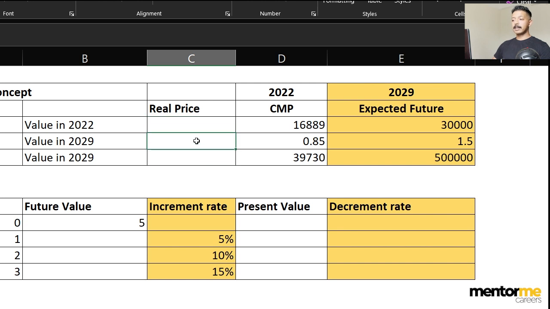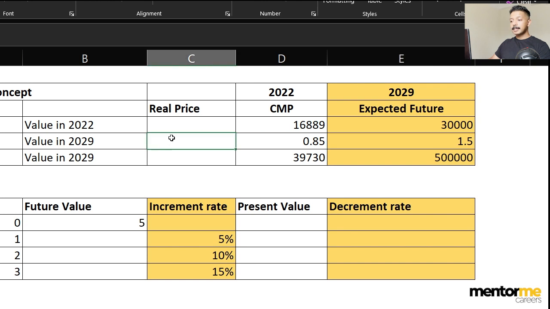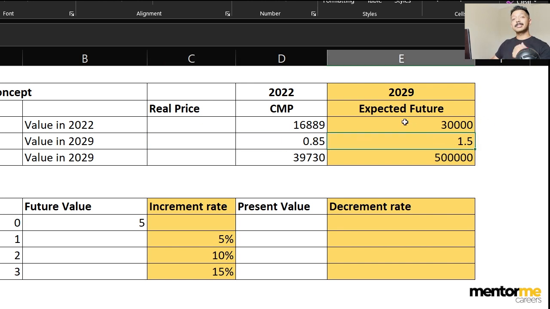Similarly, if the current market price of a house is 0.85 crores, and somebody is telling me, or maybe we have calculated, that the value can increase to 1.5 crores in about 7 years, then what price I will be comfortable with has a lot of relation to my expectation of the future. So there is no concept of 'this is the value of this asset'.